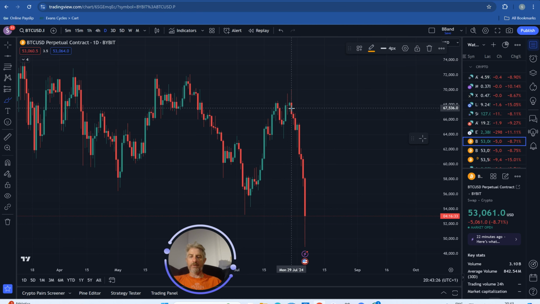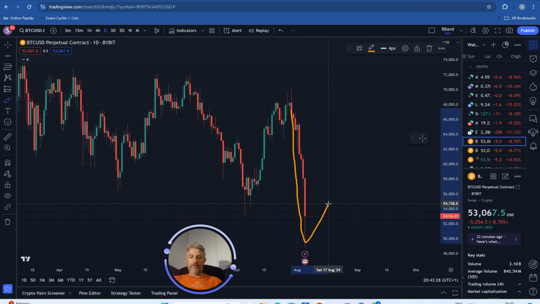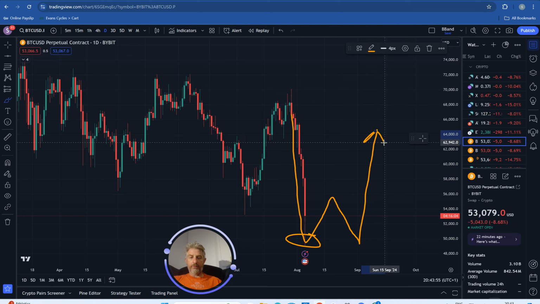So what I mean is Bitcoin could do this quite easily, and I think it probably will retest around these lows at sort of 55.5. If it then failed to get back below the current low, which would inevitably be wherever it decides to bounce from, but in this example, it's just where it is now, that would be a lovely double bottom.